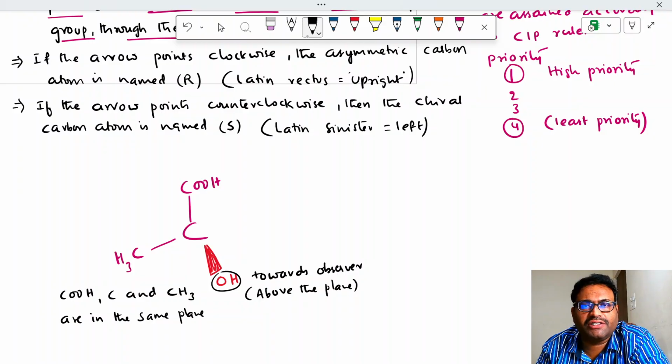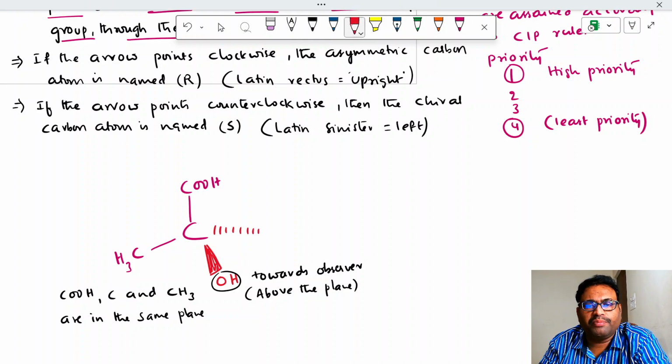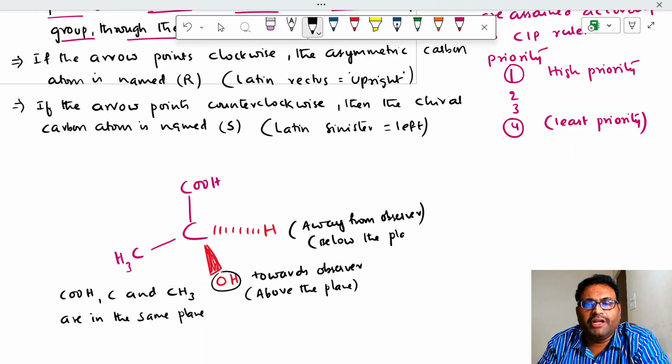We have considered this whiteboard as the XY plane, so above the plane means towards the observer. Now this broken line or dotted line represents that it is away from the observer, or we can say below the plane. Understood?